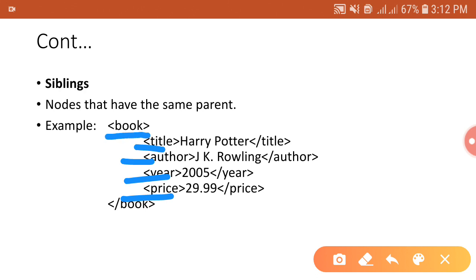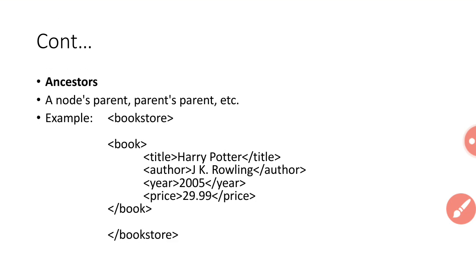Okay, title has parent book, author element has parent book, year and price also have common parent book. All have book as their parent. So title, author, year and price are all siblings.